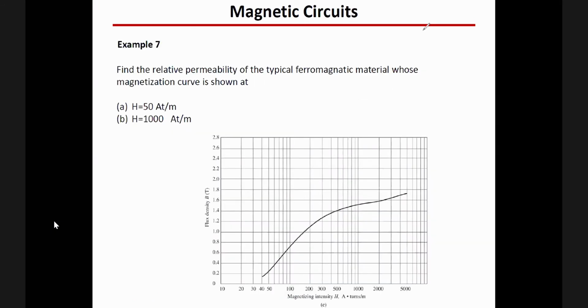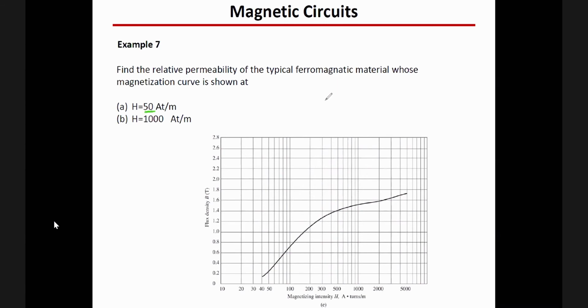Just an example to know how to deal with this magnetization curve. Find the relative permeability of the typical ferromagnetic material whose magnetization curve is shown at H equal to 50 and H equal to 1000. So we need to find mu R. We need to find mu R when H is equal to 50.